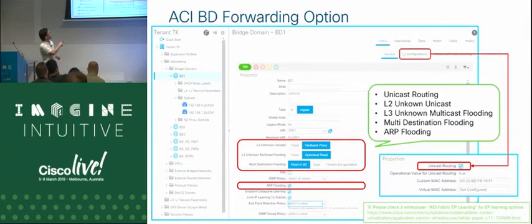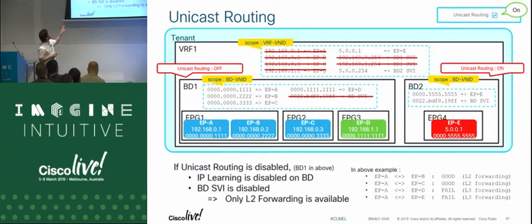All right. So let's start with unicast routing. If you disable unicast routing in bridge domain 1, then we stop learning the IP information in that bridge domain, and we also remove the pervasive gateway information. So we delete this pervasive gateway MAC entry here and all the IP information related to this bridge domain.